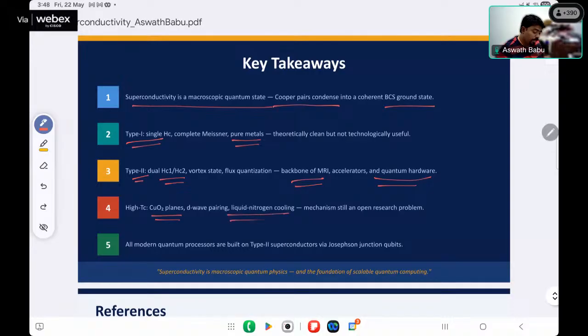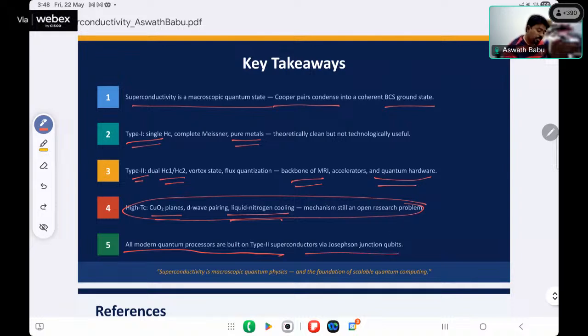These things are used. The mechanism is still an open research problem which is being explored right now. So all modern quantum processors are built on type 2 superconductors via Josephson junction qubits.